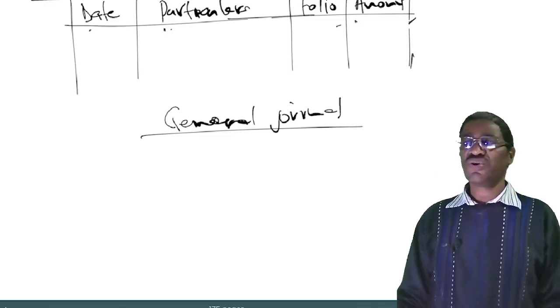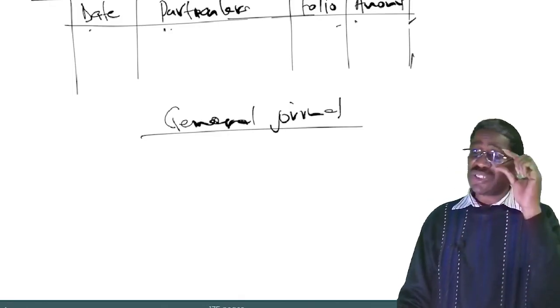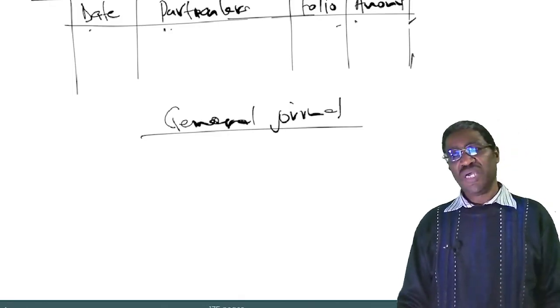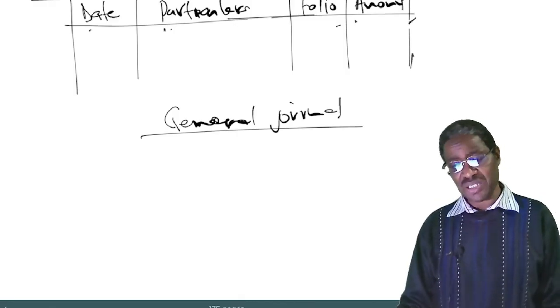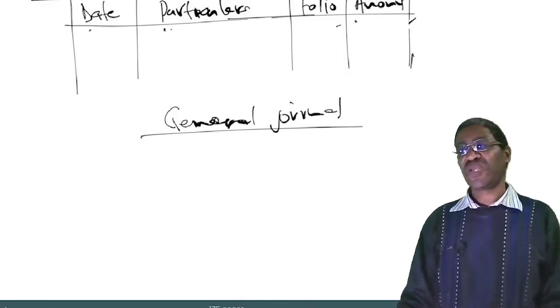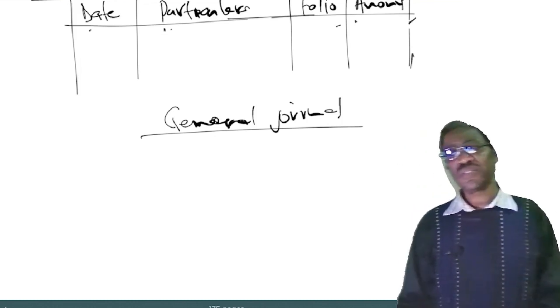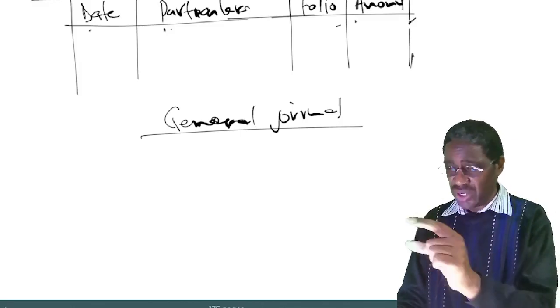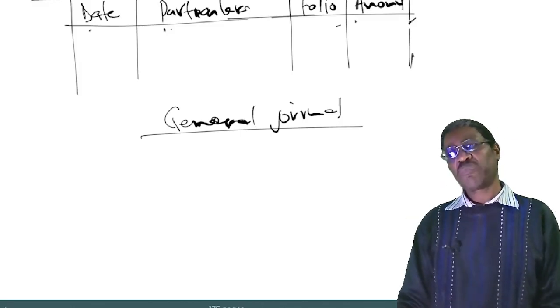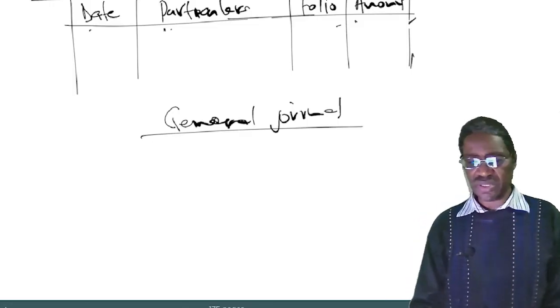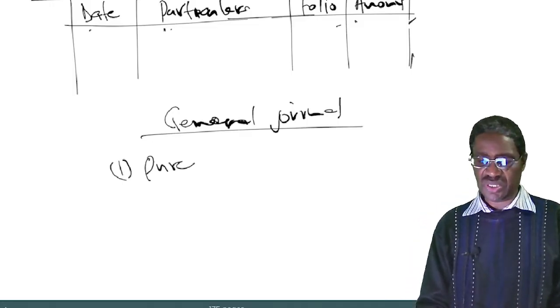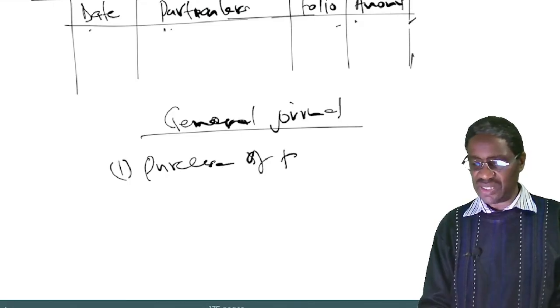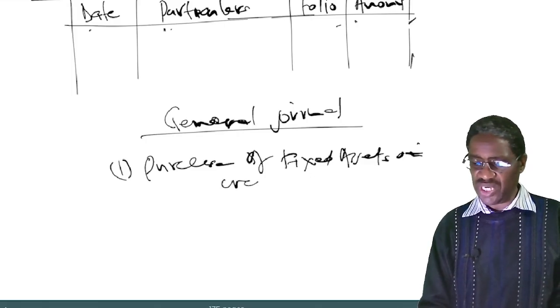We'll stop, then you continue and say, examples of such transactions are: number one, purchase of fixed assets on credit.